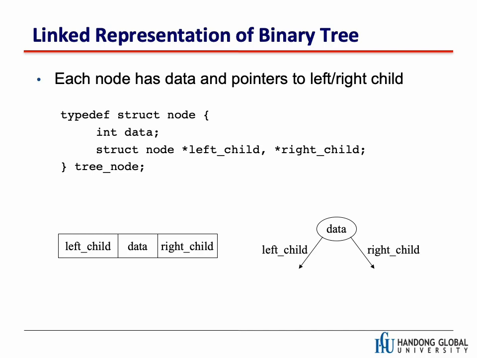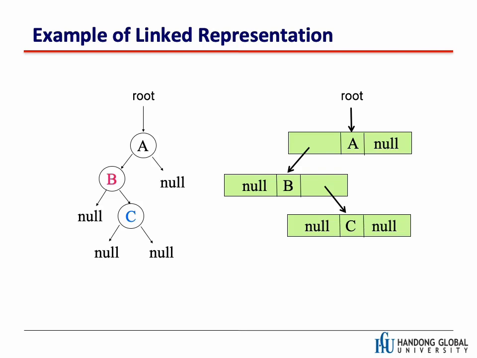This corresponds to one node. With this box representation, we have a left child, data, and right child. Or in the tree representation, we have a data node and two arrows. Two arrows represent two pointers. When we have a linked representation for a binary tree, it looks like this. Root is pointing to the first node, the root node of this tree. A is the data, and the A node is pointing to B with the left child pointer, and the right child pointer is null.